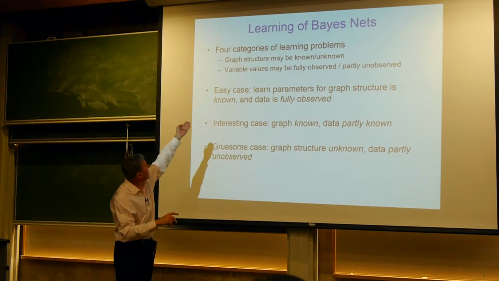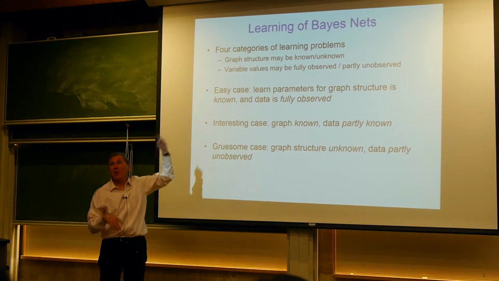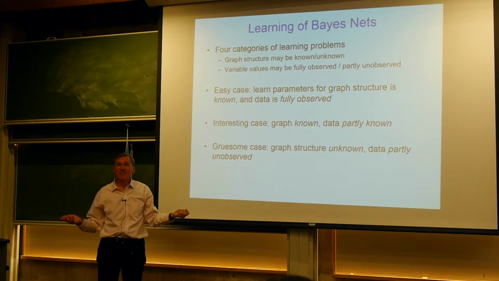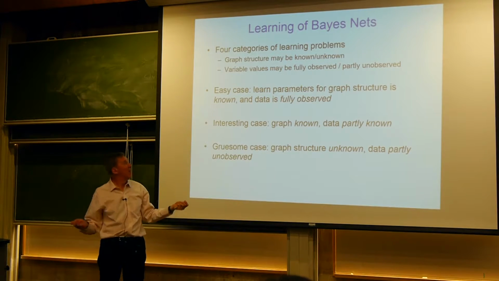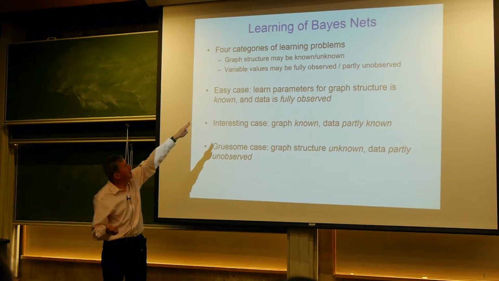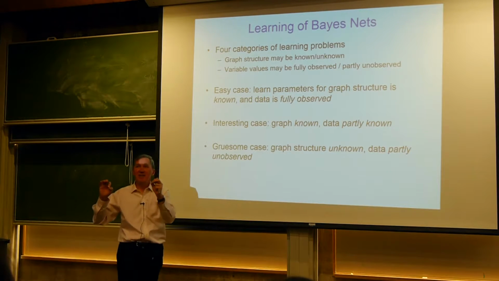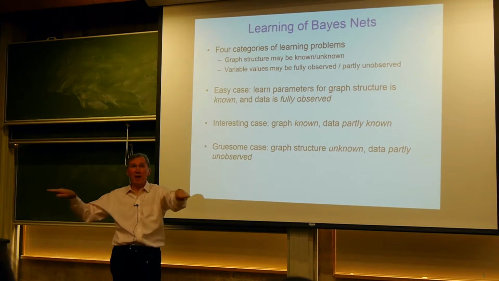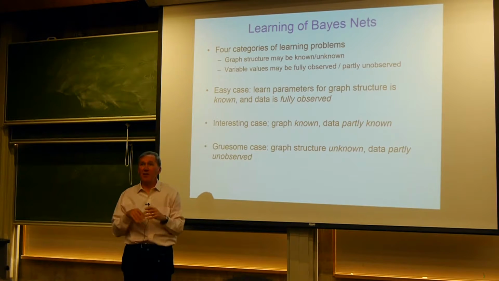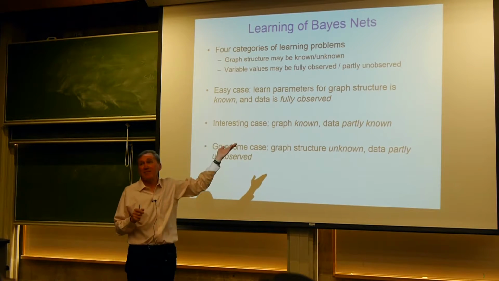We might be given the graph structure, or we might not. And we might be able to observe all the variables that are mentioned in the Bayes net inside our training data. We might have observed values for all those, or we might not.